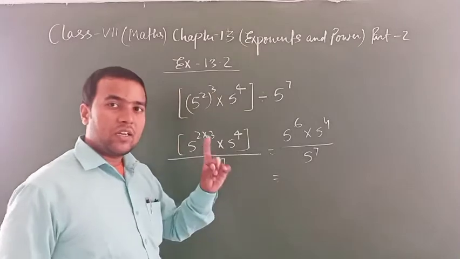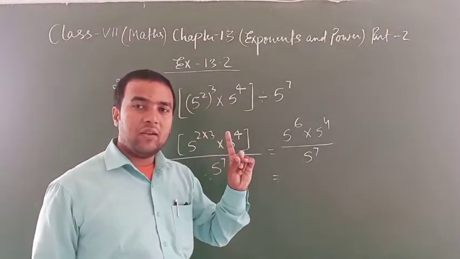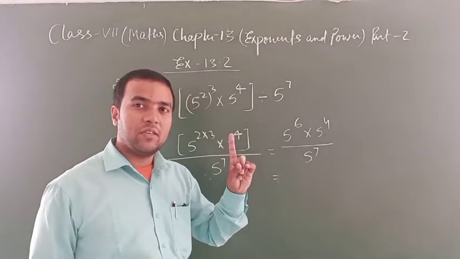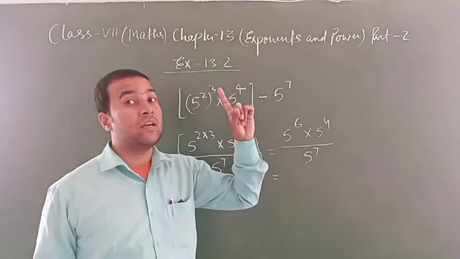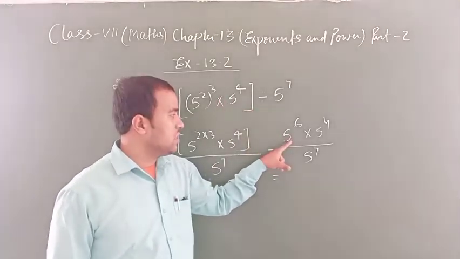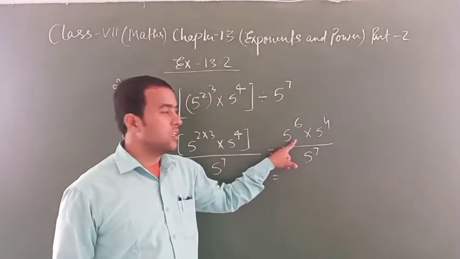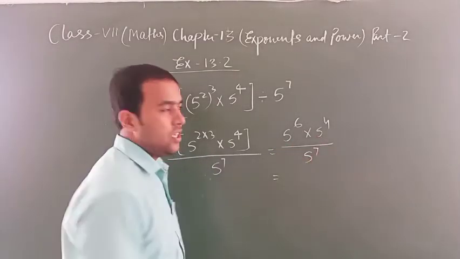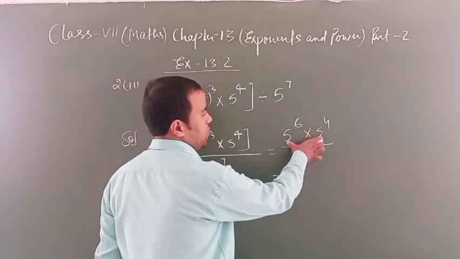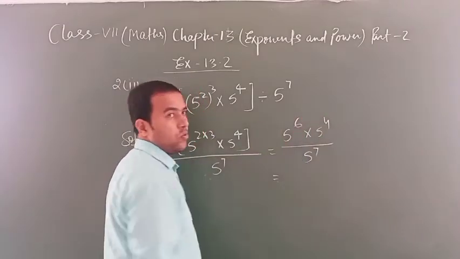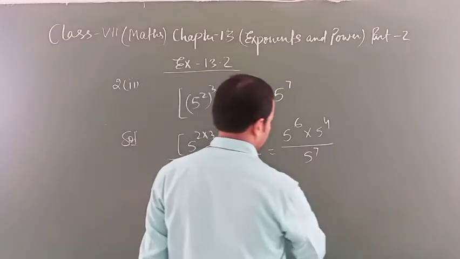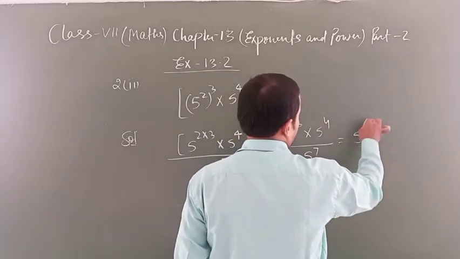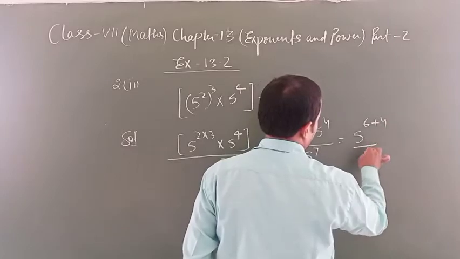That formula: a power m divided by a power n equals a power m minus n. Because here the base is the same, here also the same, here also the same. So here is multiplication, which means if the base is equal we can add the exponents, means 5 power 6 plus 4 upon.